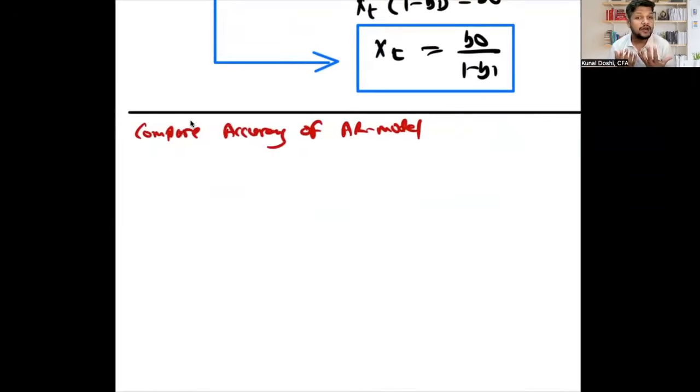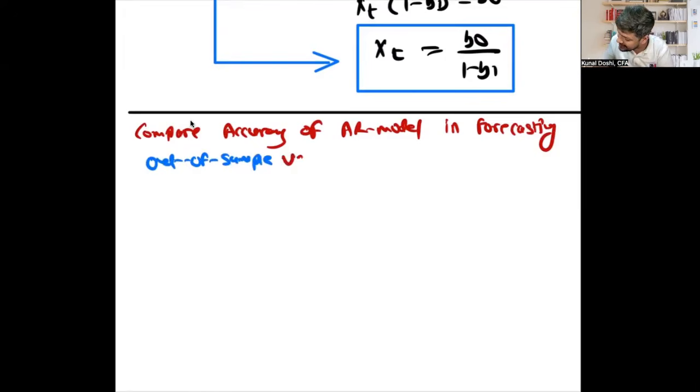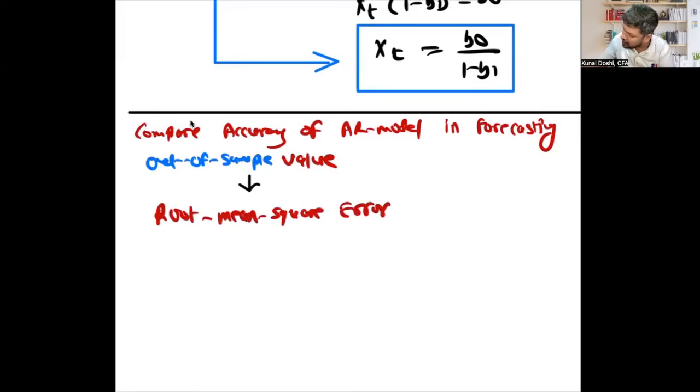So whenever I want to compare the accuracy of AR models in forecasting out of sample values, then we use a test called RMSE, root mean square error.